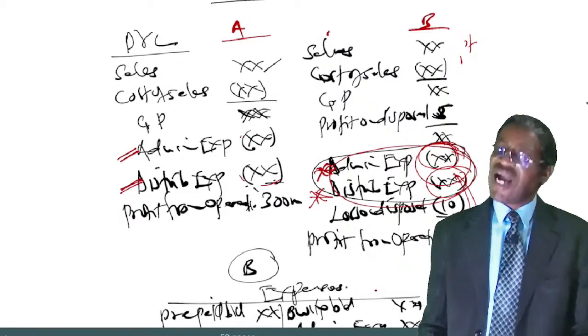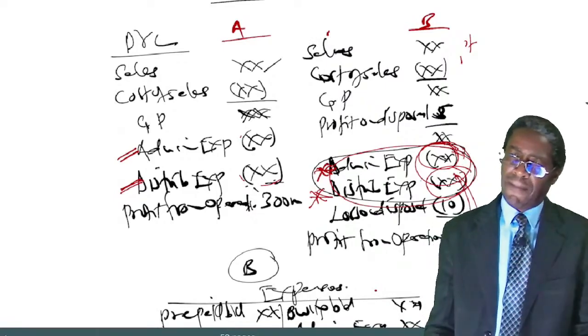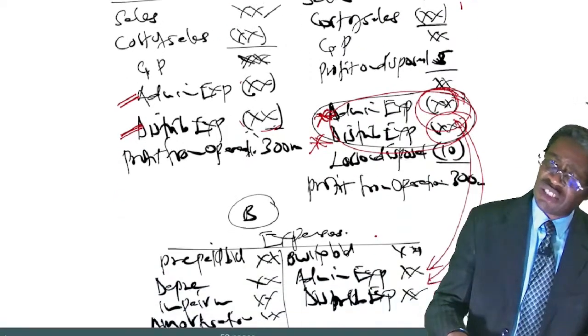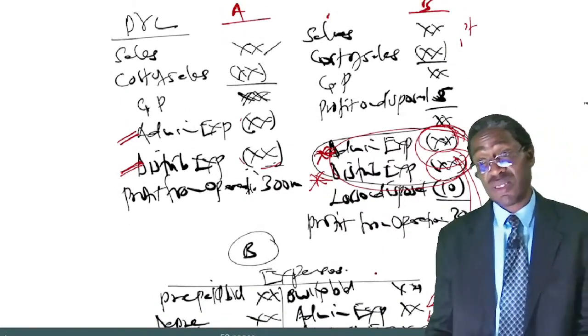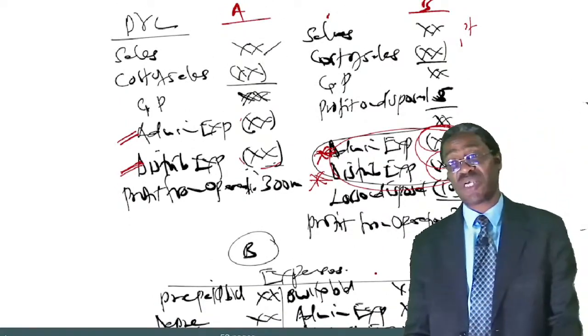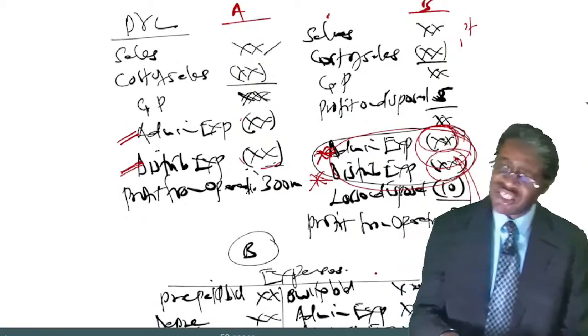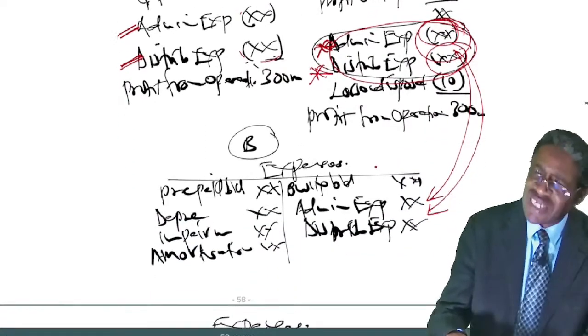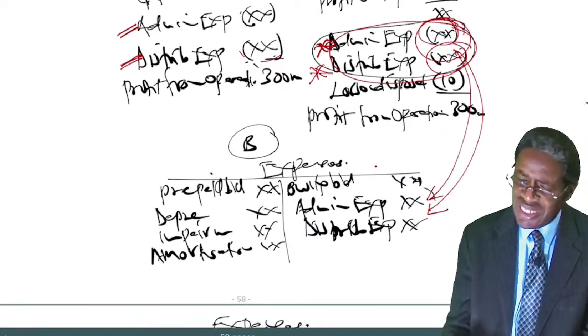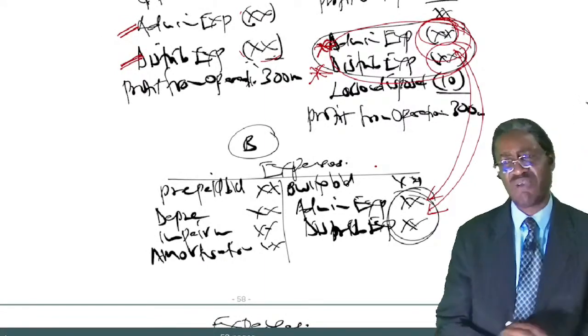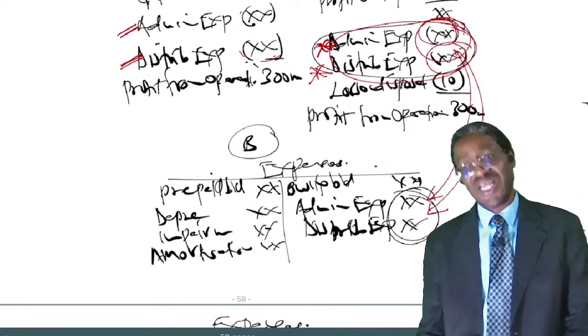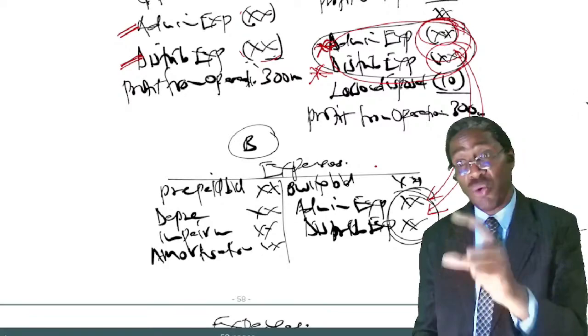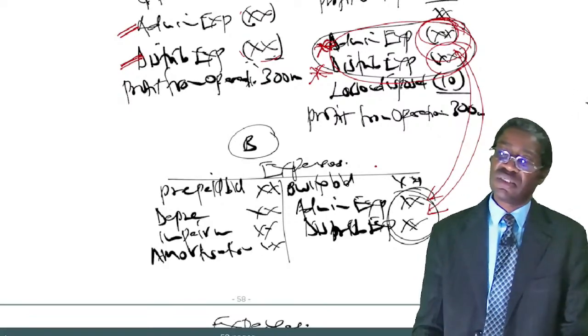Now, again, when I'm preparing the cash flow for accountant number B, and I prepare this expense account for him, I will ask myself, that gain on disposal, is it affecting what I'm looking for? The answer is no. Why?